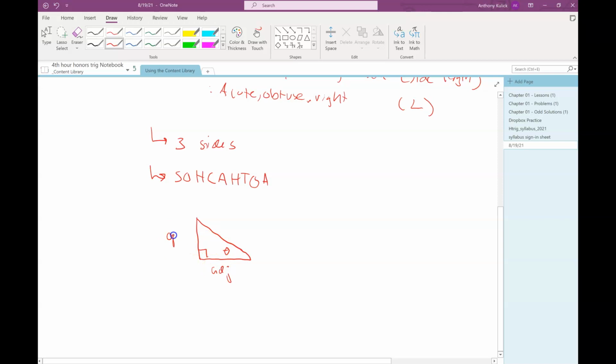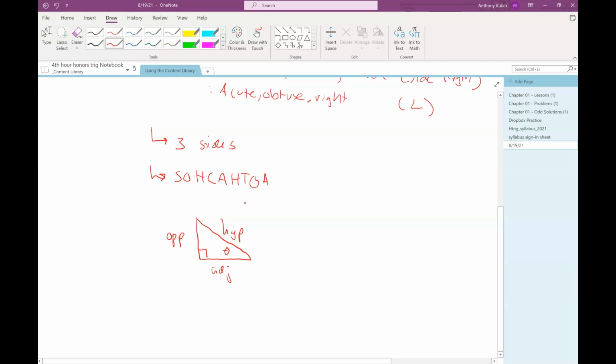Typically, we name those side lengths relative to the acute angle that we're focusing on as opposite, adjacent, and hypotenuse, where hypotenuse is obviously the longest side of the triangle.